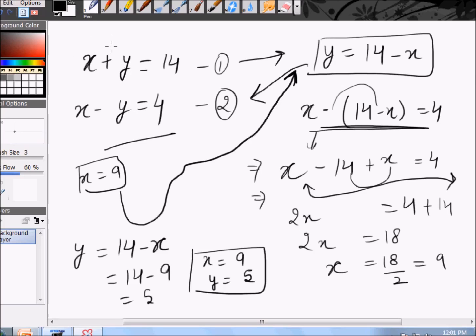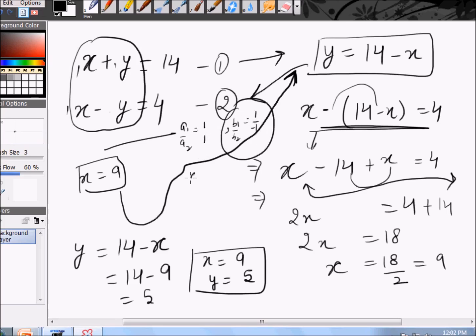Friends, even if we look at the coefficients of x and y in the two equations, we find that a1 over a2 equals 1 over 1, whereas b1 over b2 equals 1 over minus 1.